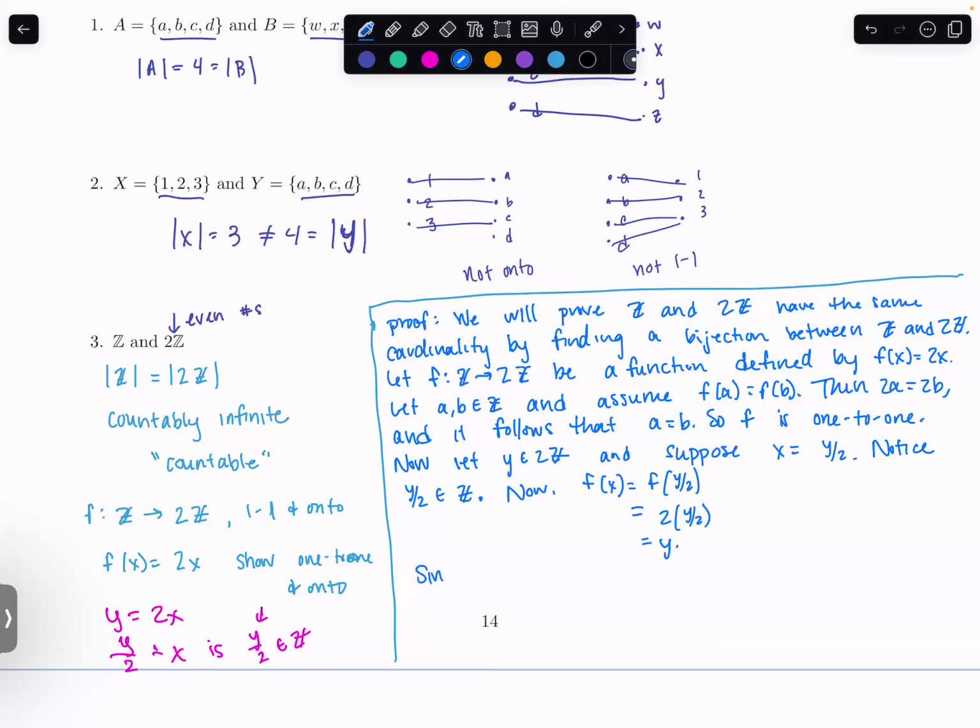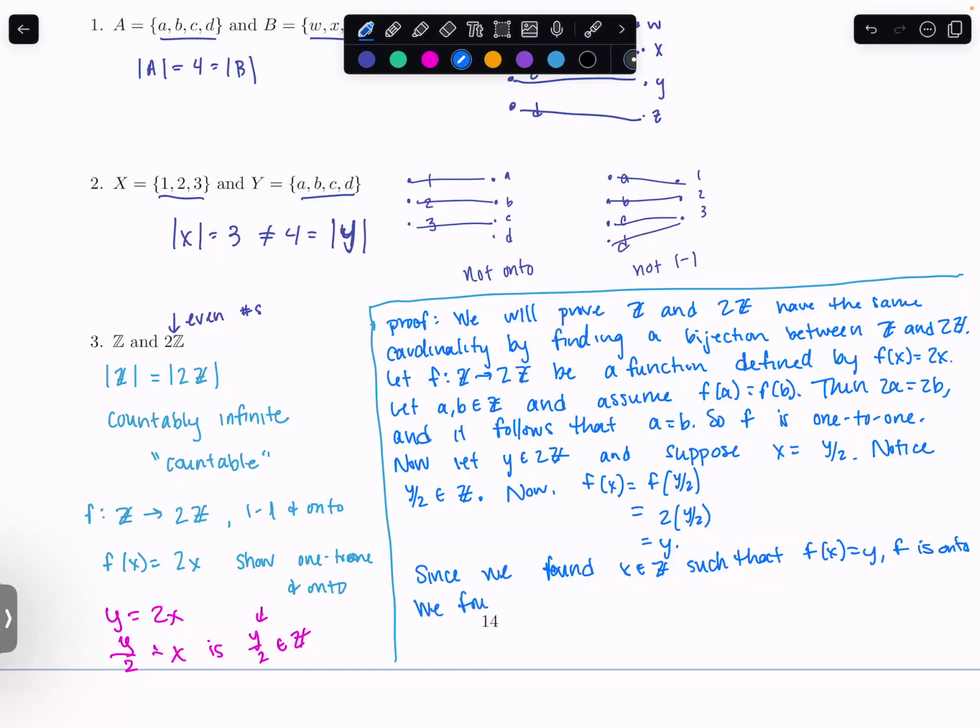So since we found x in Z such that F of x equals y, F is onto.